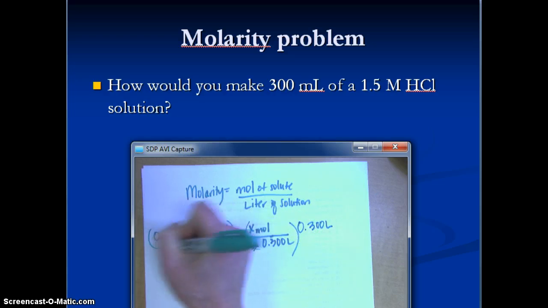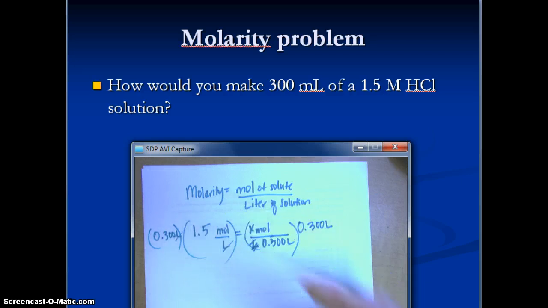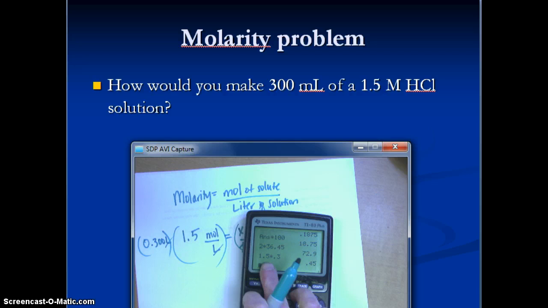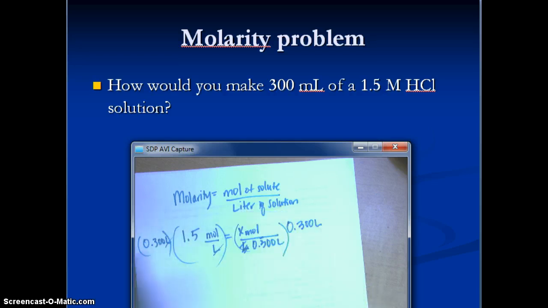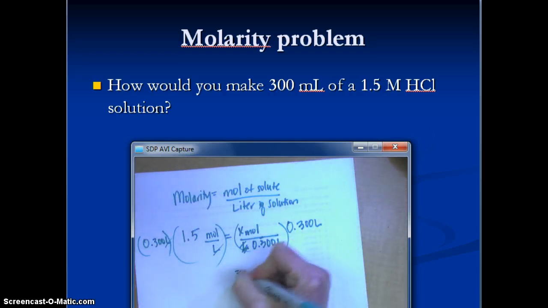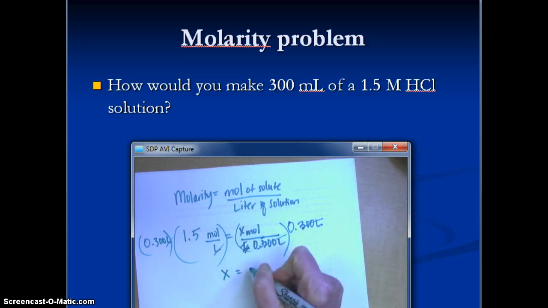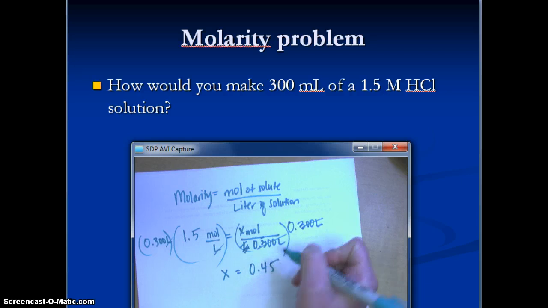Liters cancels, and I've already done this. 1.5 times 0.3 is, that's going to cancel. So x equals 0.45 moles of HCl.